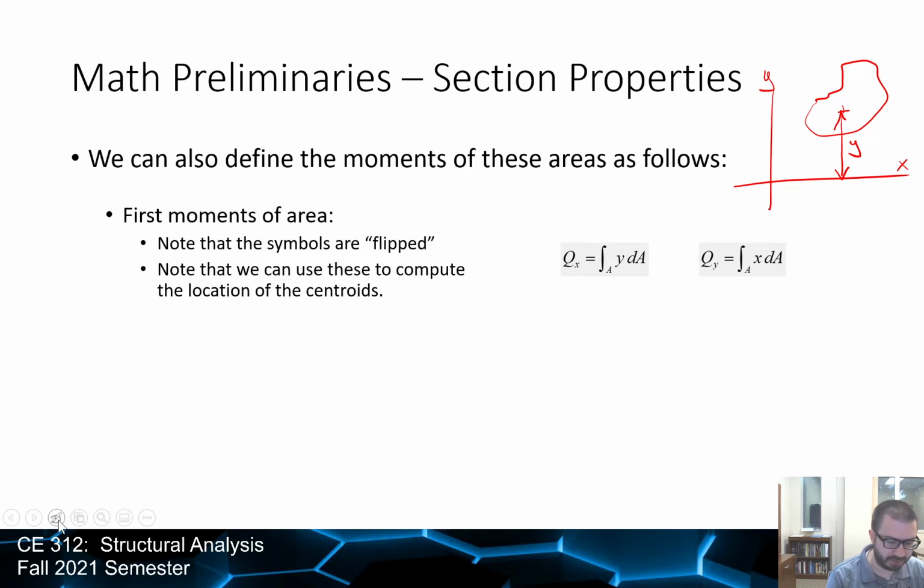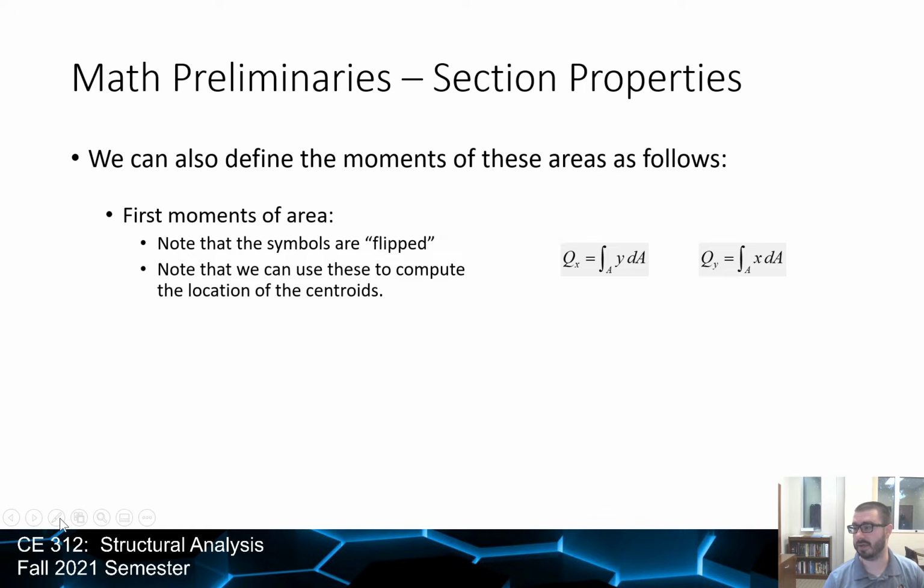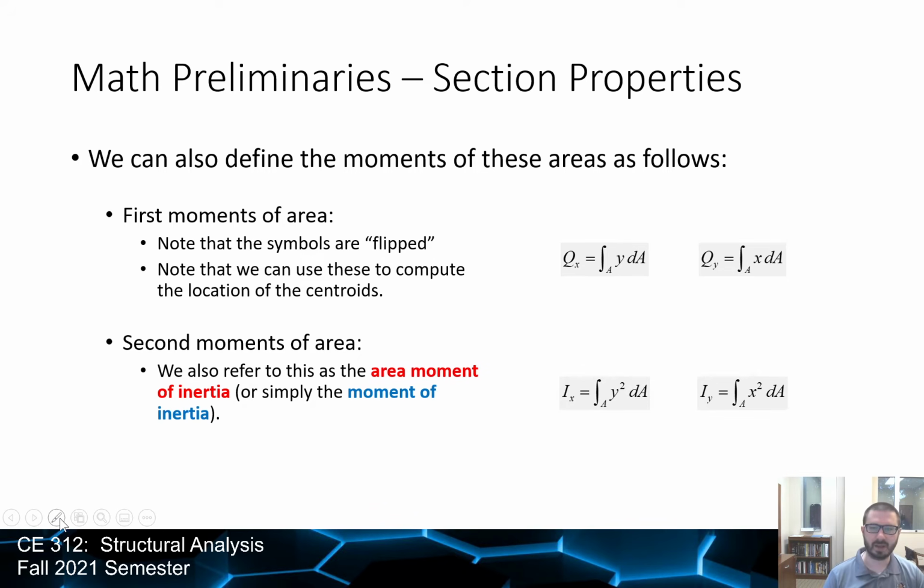What we can do with these expressions is determine the location of the centroids. If we take the integral of y dA divided by the integral of dA, that tells us y bar. The integral of x dA divided by the integral of dA is x bar. So that's where those come into play. The second moment of area would be the integral of, let's say, y squared dA, or the integral of x squared dA.